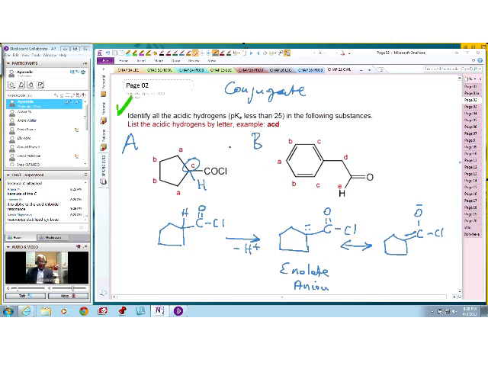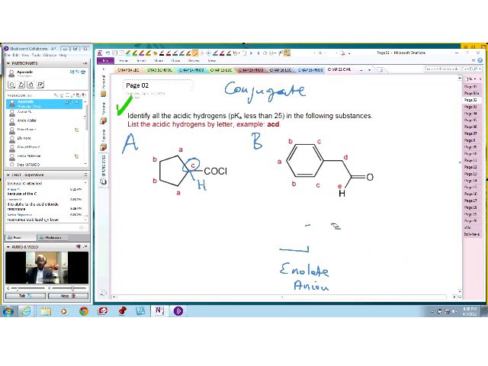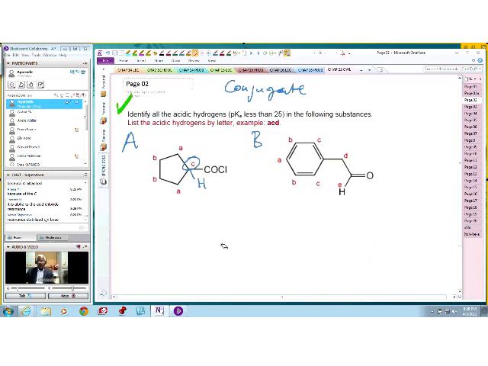Now let us go to molecule B. Let's take this out. For molecule B, which is the acidic hydrogen here?